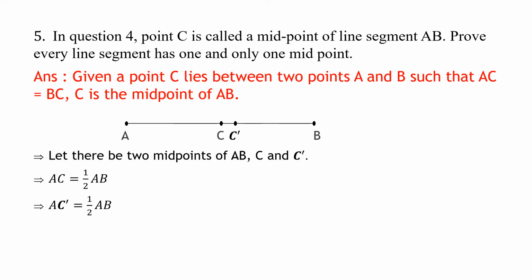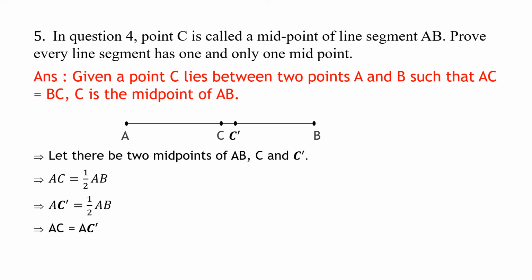If C prime is the midpoint, then AC prime is equal to half AB also. Now you look here, when things are equal to the same thing, they are equal to each other. So half AB equal to AC and half AB is also equal to AC prime. So we have AC equal to AC prime.